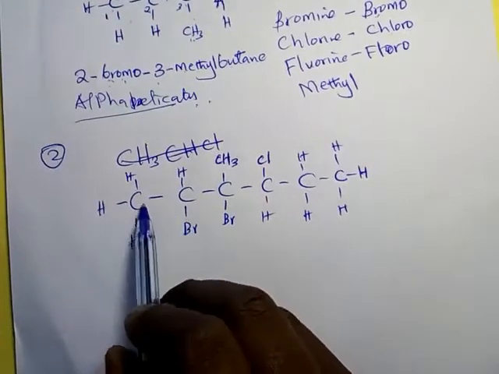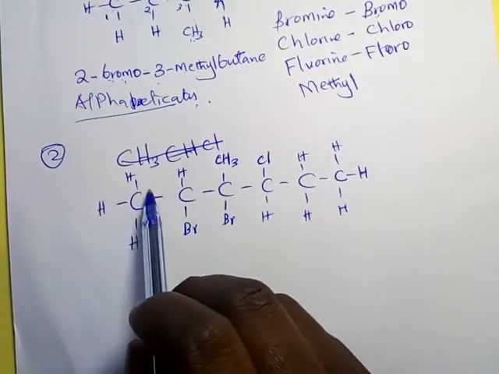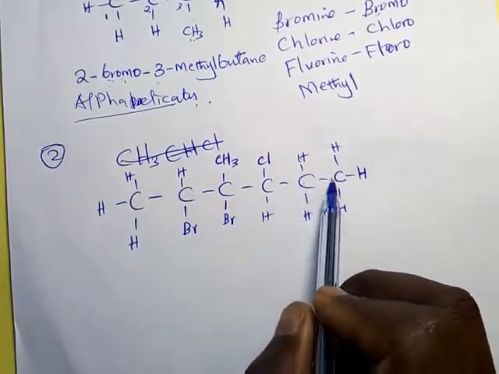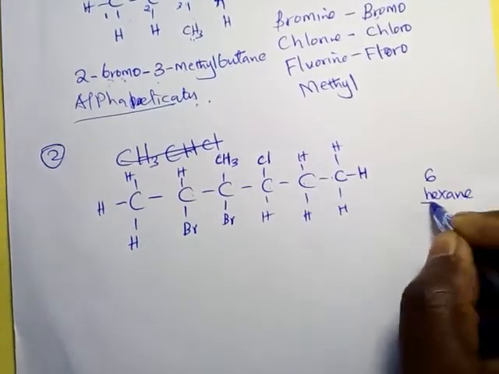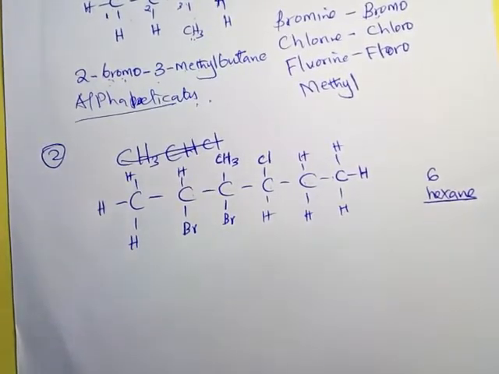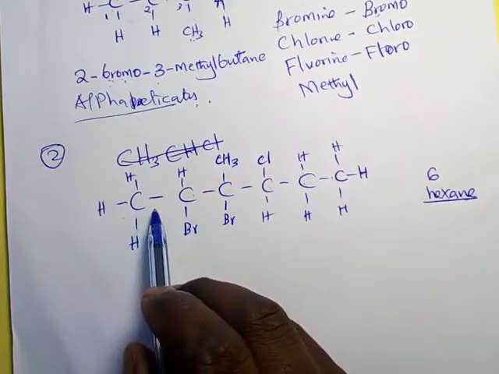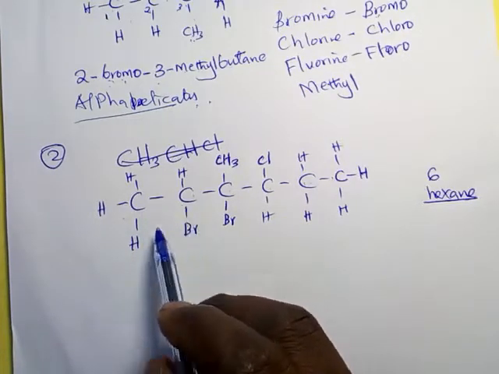So for rule number 1, count the number of carbon atoms in the longest continuous carbon chain. So 1, 2, 3, 4, 5, 6. So we have 6. That is hexane. So the parent name is hexane. Having done that, you number the longest chain from the end that is near the branching.